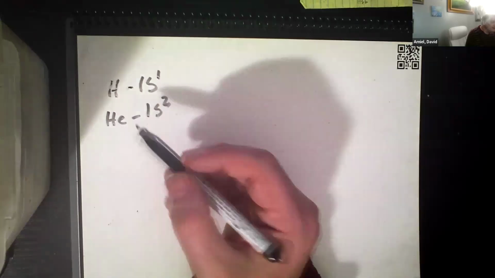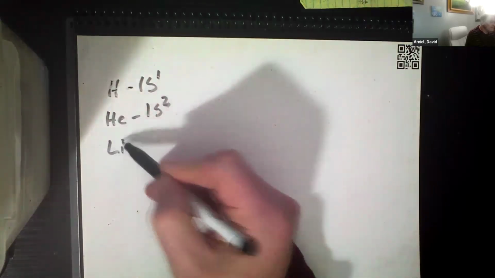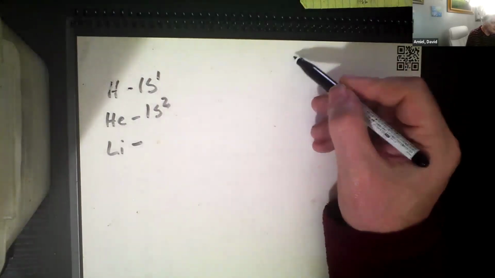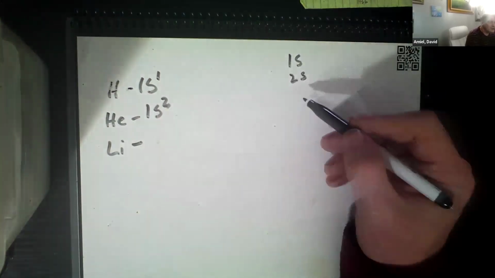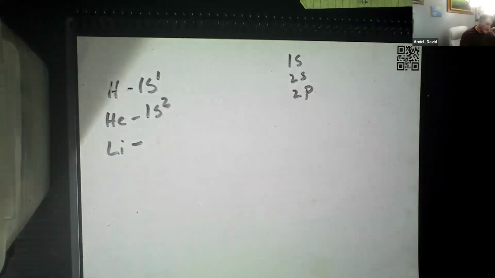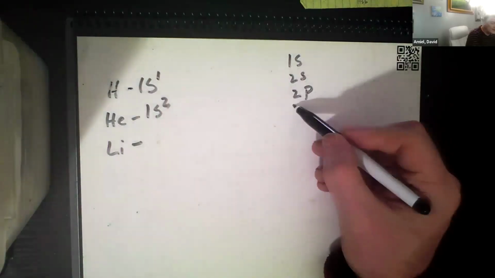After helium comes lithium. And hold on a minute, I need to tell you the order in which you fill in the orbitals. That's shown on the PowerPoint a couple of slides after the one we left off at. I'll just write them down for you. So it goes 1s, 2s, 2p, and then 3s.